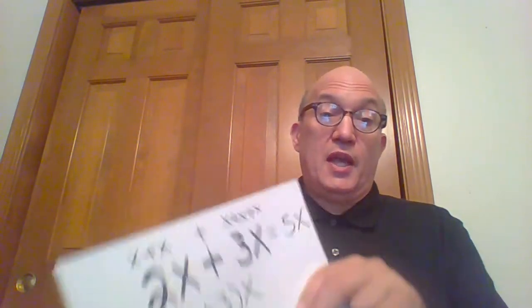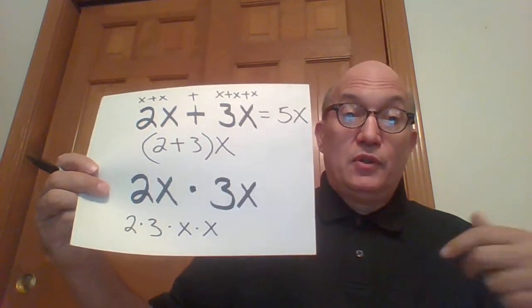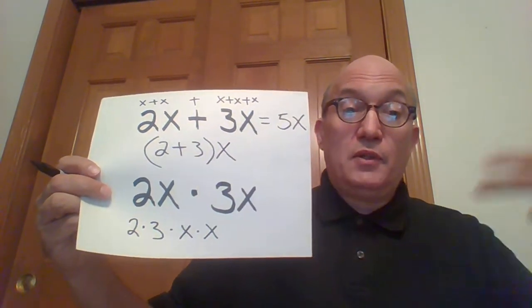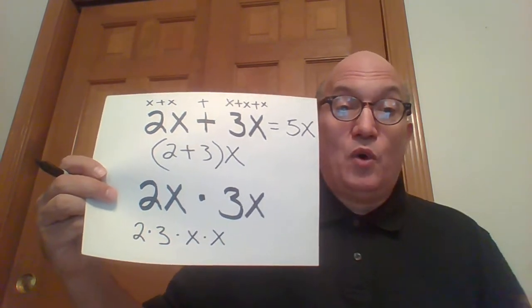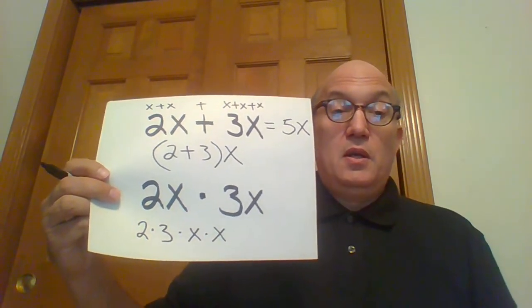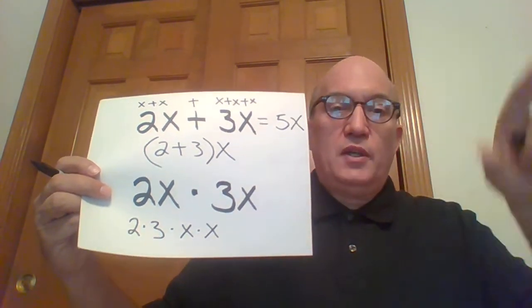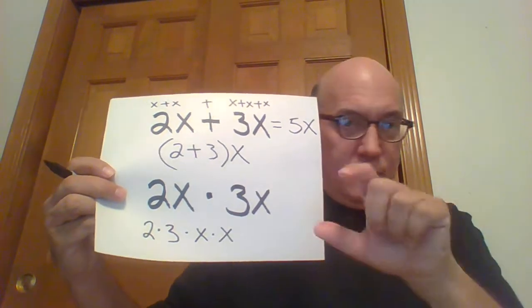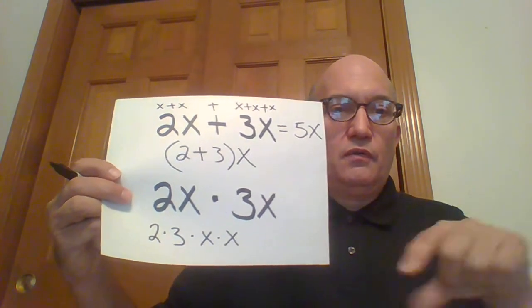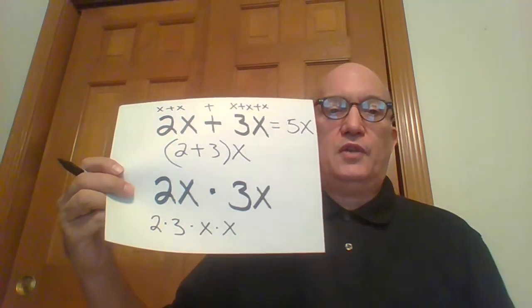And the associative and commutative properties of multiplication allow us to write a series of numbers multiplied together any way we want, any order, any grouping. Just try that for yourself. If you have to do 2 times 3 times 4 times 5, you can rearrange those 4 numbers any way you want and always get the same result.